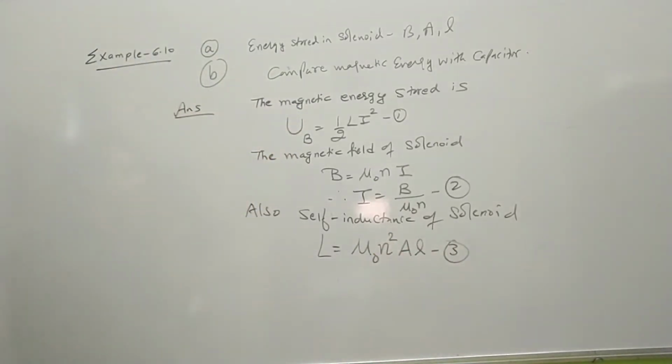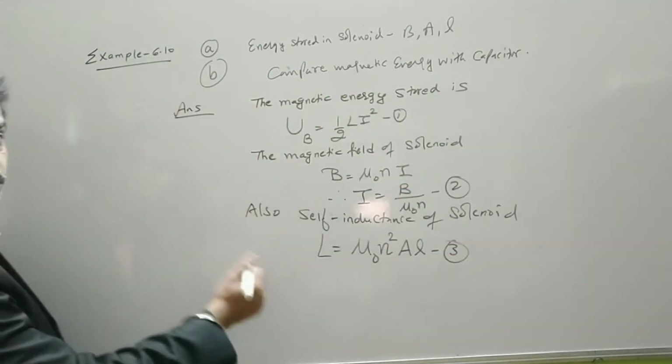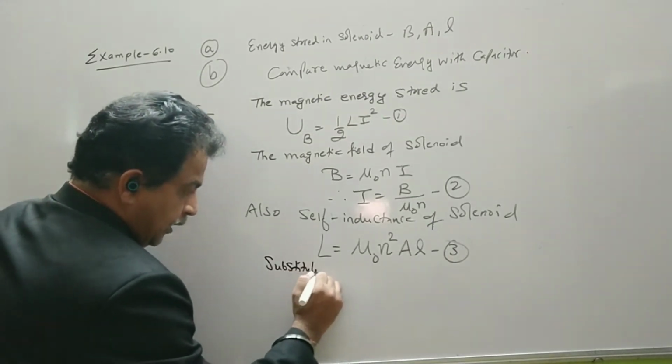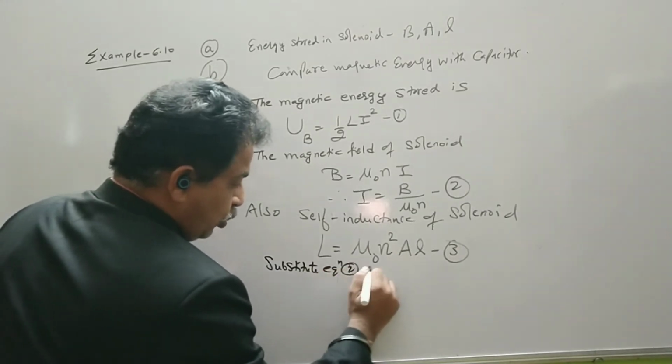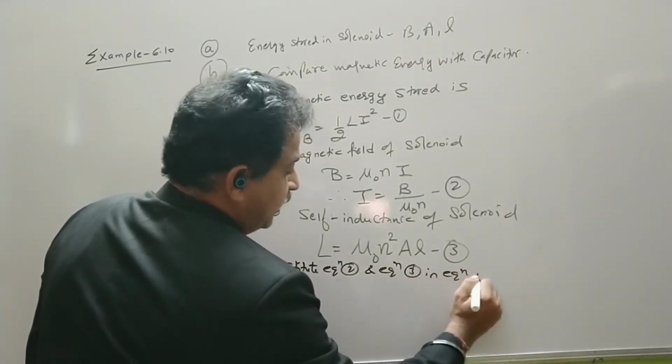And for mutual inductance, it was N1, N2, area of the inner solenoid into the length. Now simply substitute equation 2 and equation 3 in equation number 1.